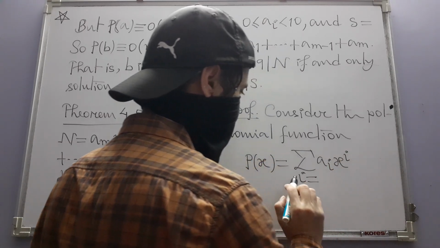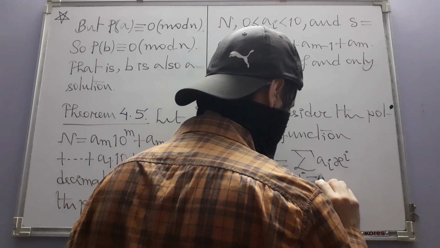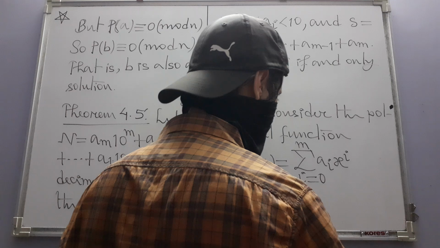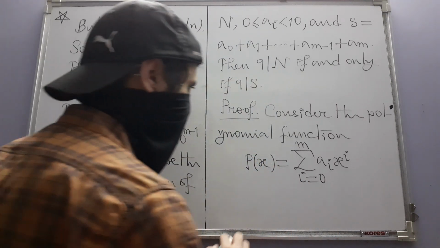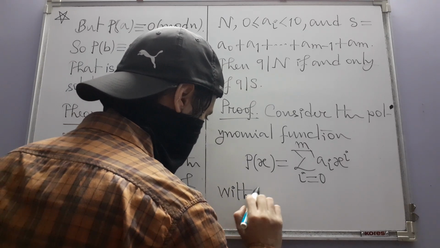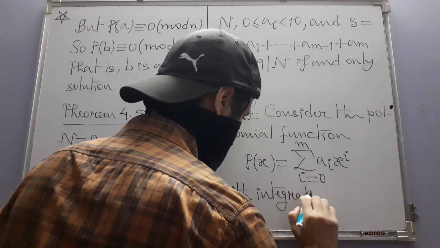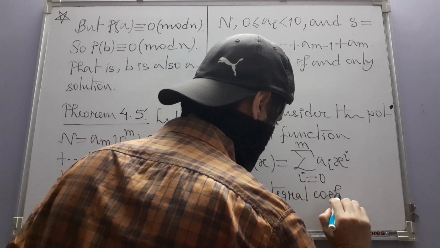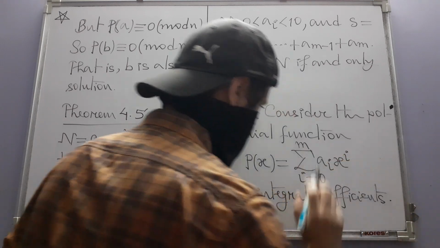Whether you take i here or k here, it does not really matter. This is a dummy variable, so whatever name you give it, it's not going to change anything. With integral coefficients.